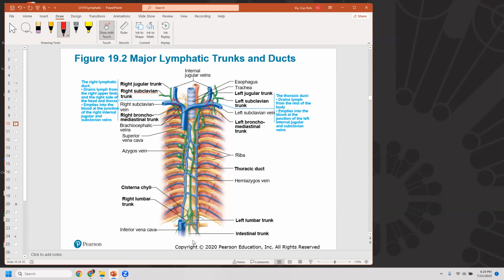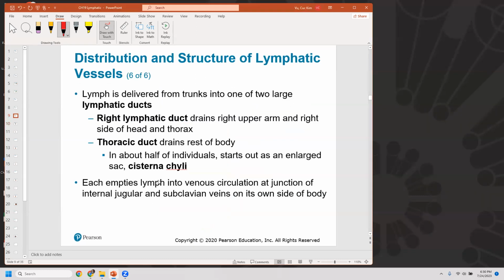But you do have a duct down here where all the lower lymphatic vessels join, which is called the cisterna chyli, and that will then dump into the duct right here, the thoracic duct. So each empties the lymph into the venous circulation at the junction of the internal jugular and subclavian veins.